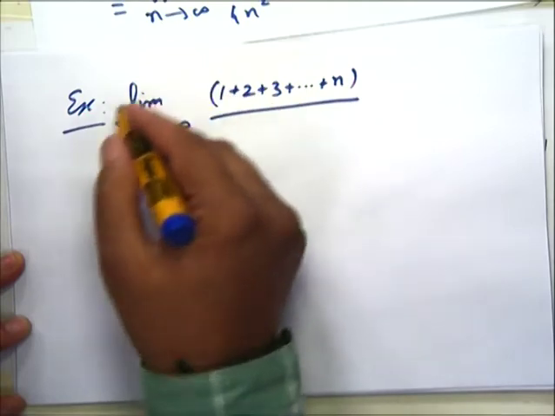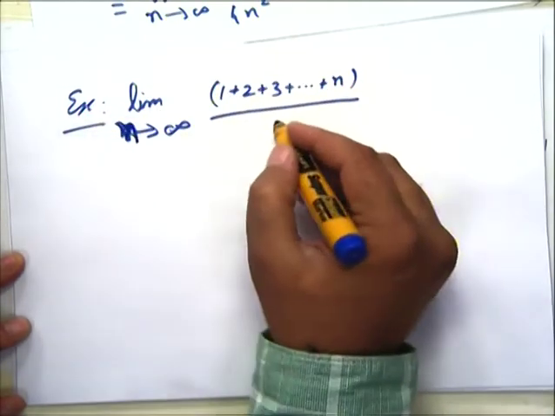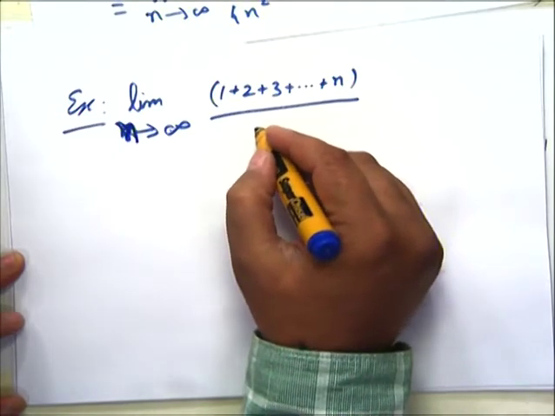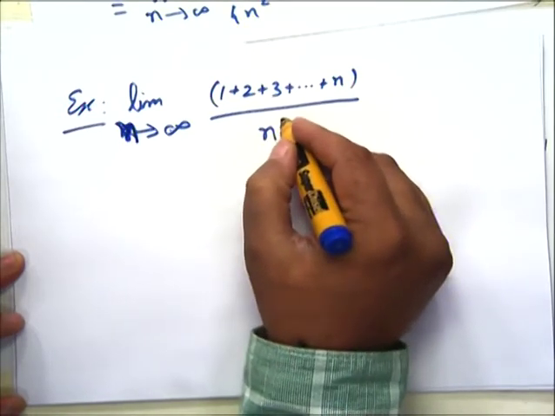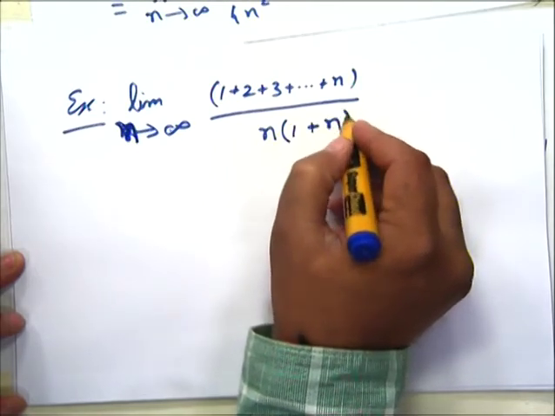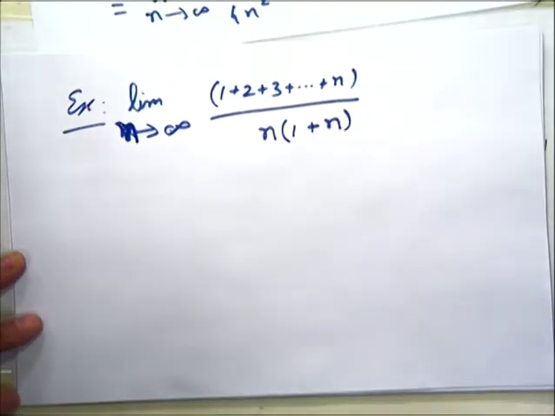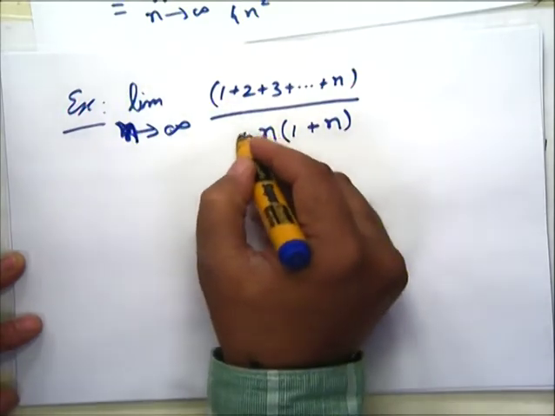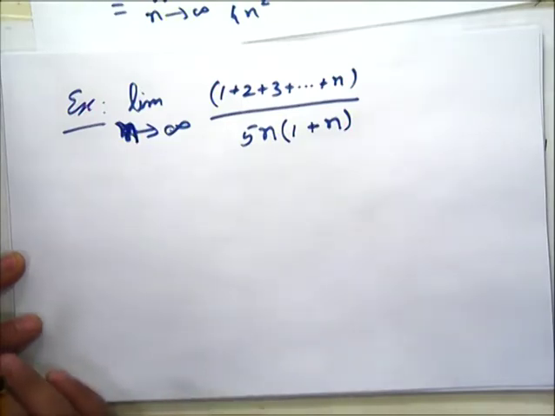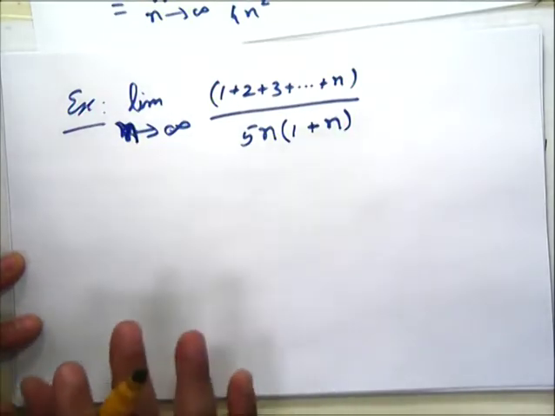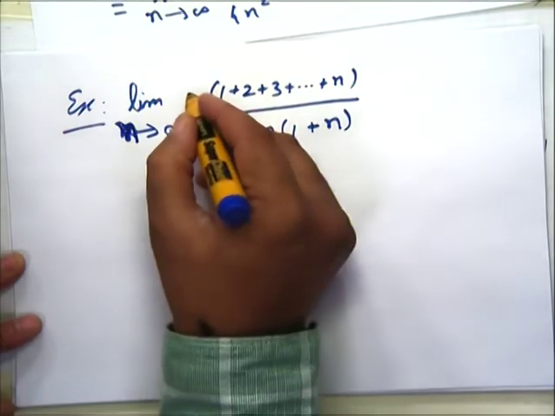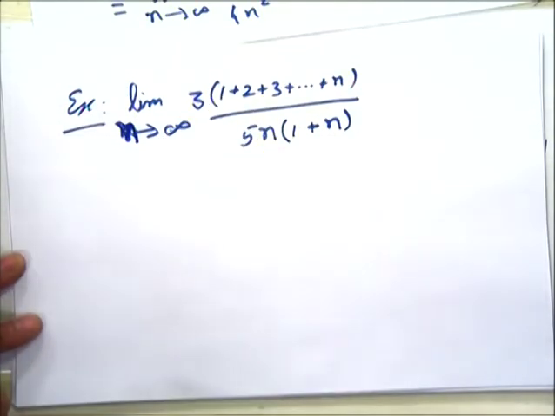I am preparing another example, so I will use it as an n square. Otherwise, I may use n into 1 plus n. I can use anything here. Suppose you write 5. We are making one example. How to make the example? If you understand it well, you can make the example independently. And I am writing here 3, whatever you like.